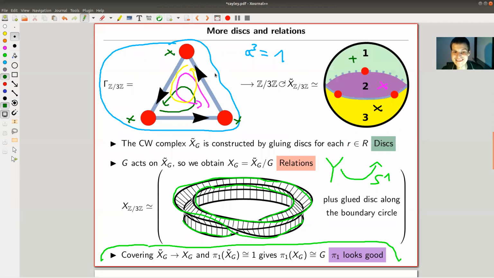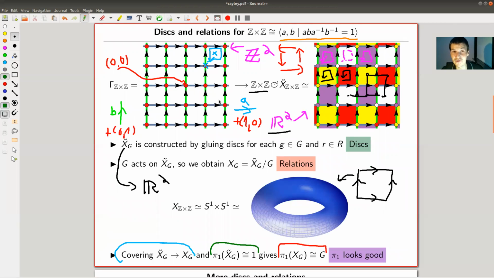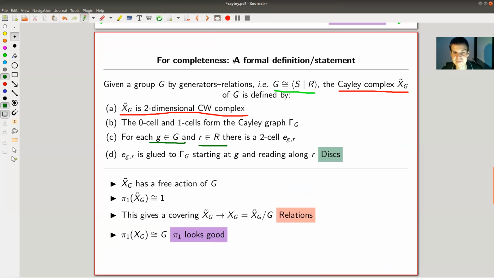For each g and for each relation, I glue in a disk. I have three vertices and one relation, so I should glue in three disks. Well, I have infinitely many vertices and one relation, so I should glue in infinitely many disks, and that's what I did.